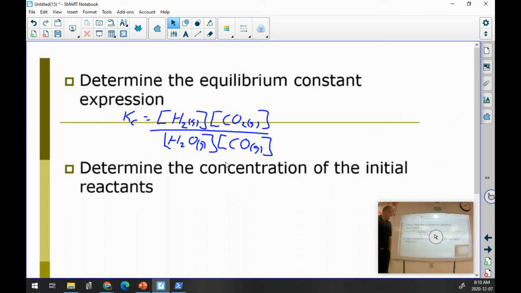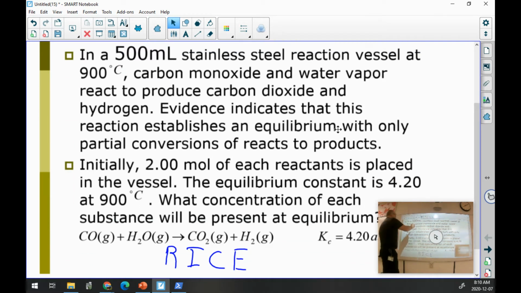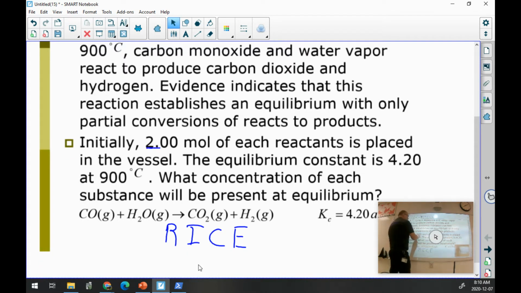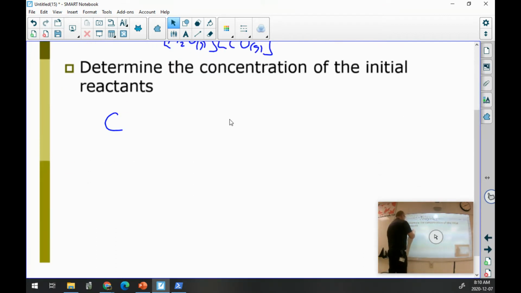Now, next step, we're going to need the concentration of the initial reactants. So we have a 500 milliliter container. We initially put 2 moles of each reactant into the container. So for both of these cases, the concentration is equal to 2.0 moles.